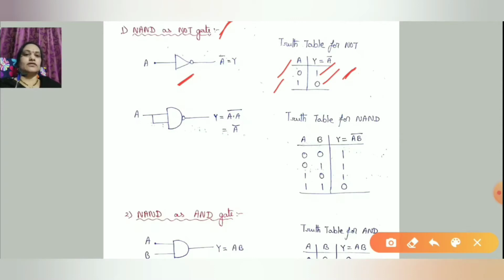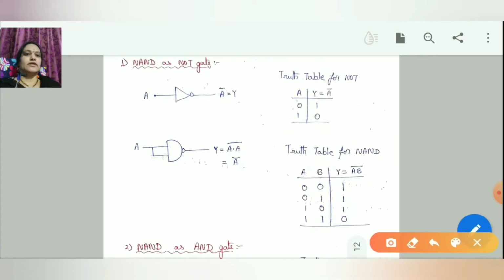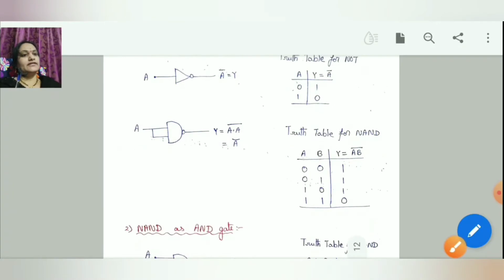Inverter. Now, let us see NAND gate here. Here, the two inputs of NAND gate are connected to each other, and then given to the input A. Here you can find the truth table of NAND gate.